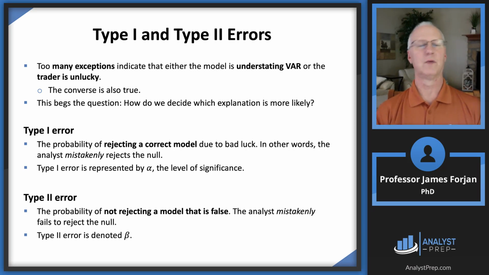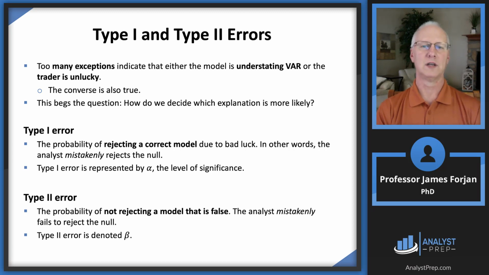To hire the best portfolio manager. So you set up the null hypothesis that a specific candidate stinks, right? A specific candidate is going to underperform. So you want to bring in candidates so that you can reject that null hypothesis.